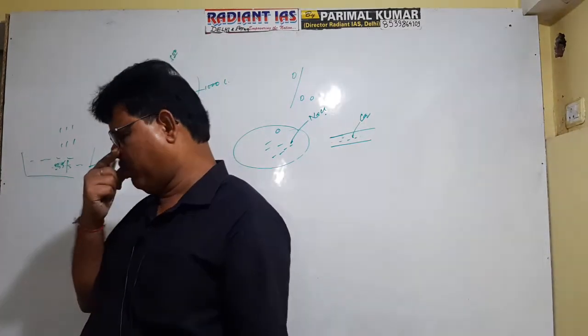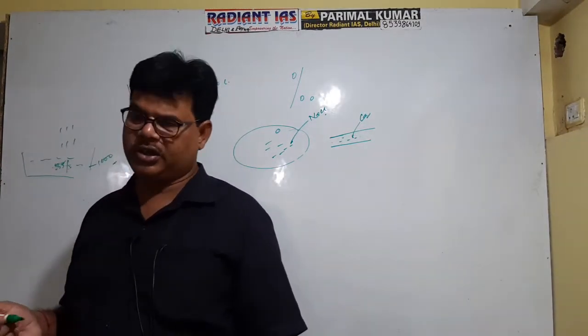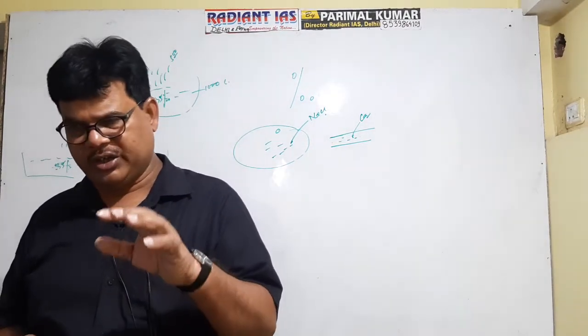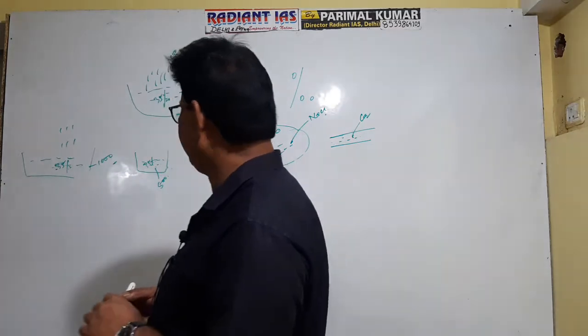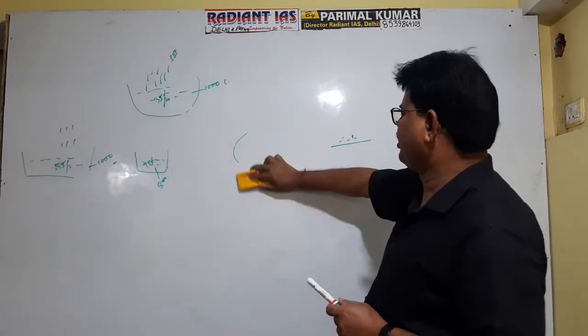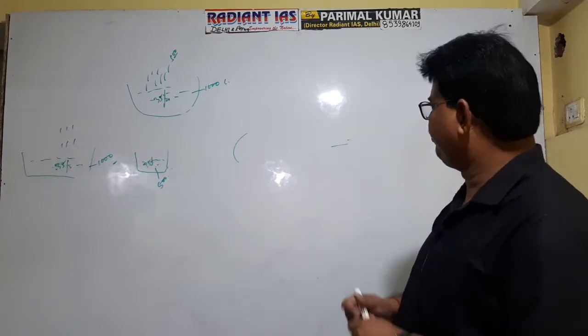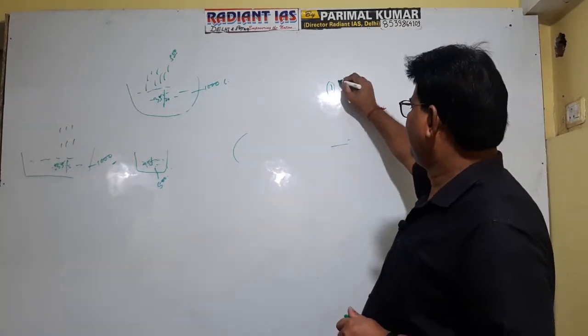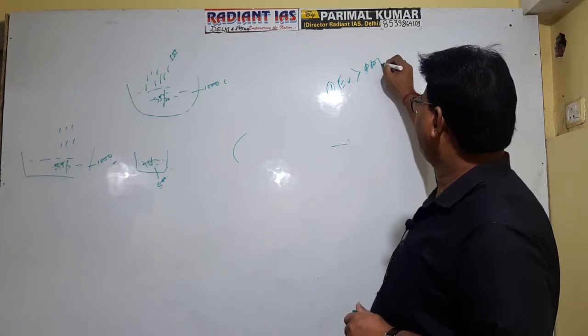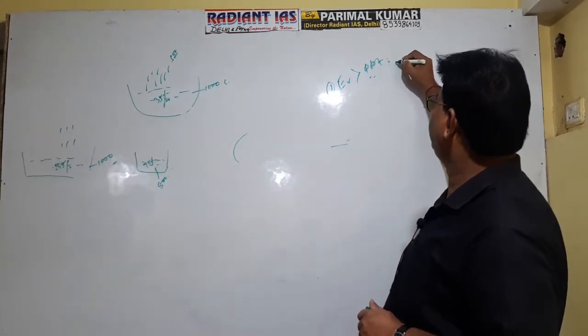So on one hand, evaporation increases salinity, on the other hand, rainfall decreases salinity. So there may be three conditions. First condition is, if the rate of evaporation is more than precipitation, then salinity increases.